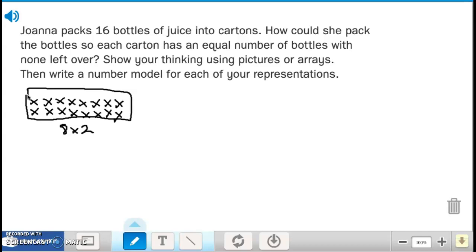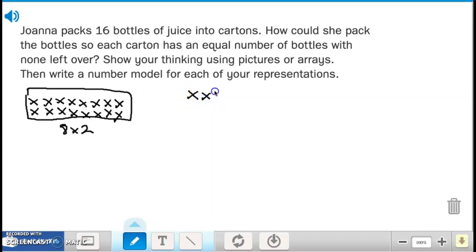Now let's think if there's another way. Can you think of other numbers that multiply together to equal 16? Well, think about it. They have to be equal.